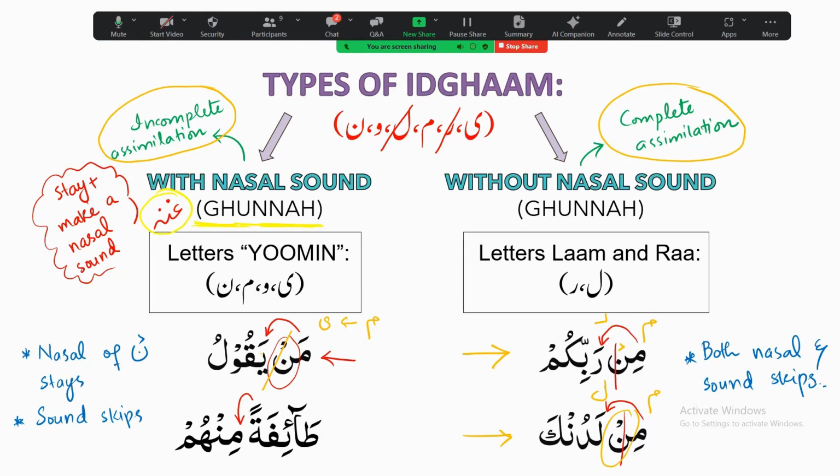What we do is make a nasal sound at the ya letter. How do we make this nasal sound? I mentioned this term gunna, this nasal sound, that we stay for a bit on that letter and then make a nasal sound. You can hear me.